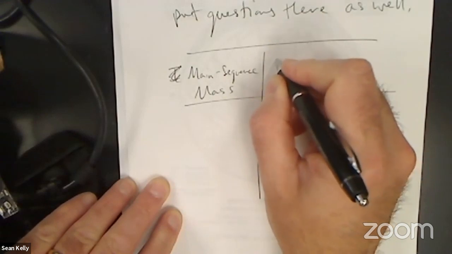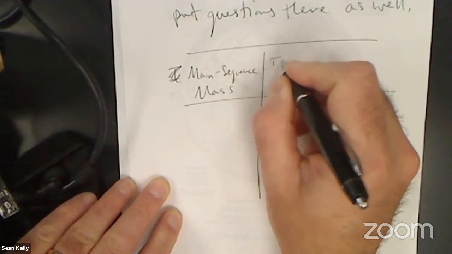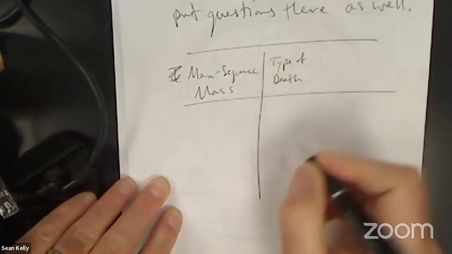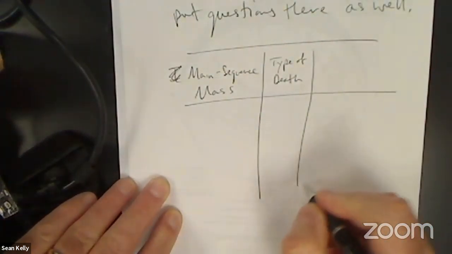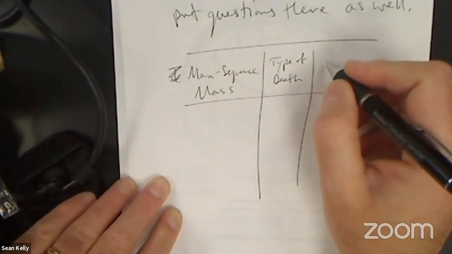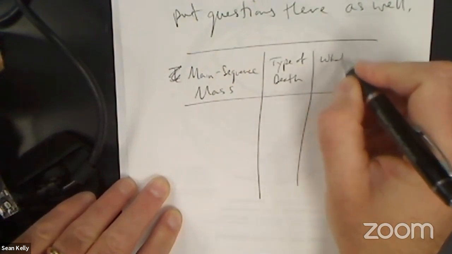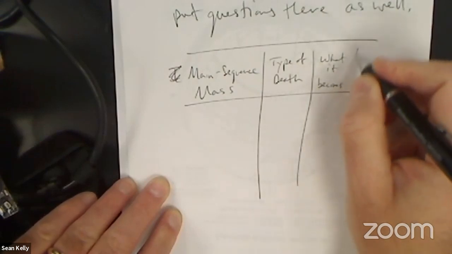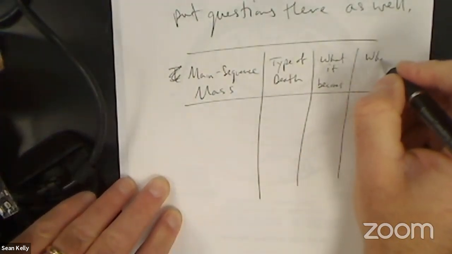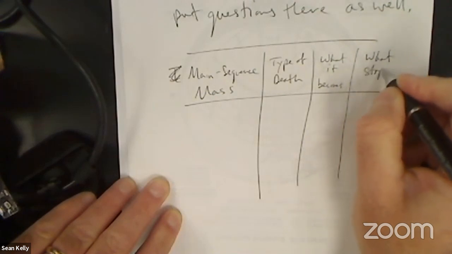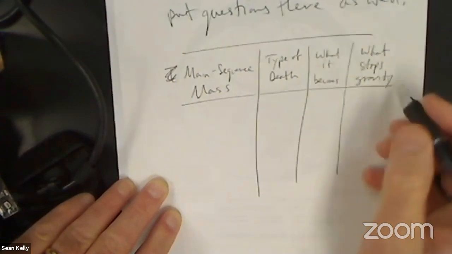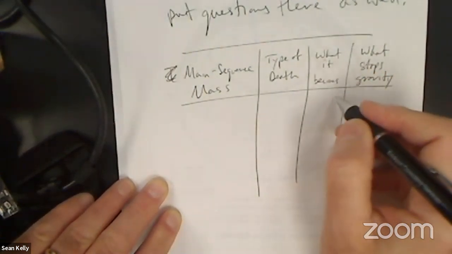How does it die? Type of death. And then what it becomes, and then what stops gravity. I'll put what it becomes over here.